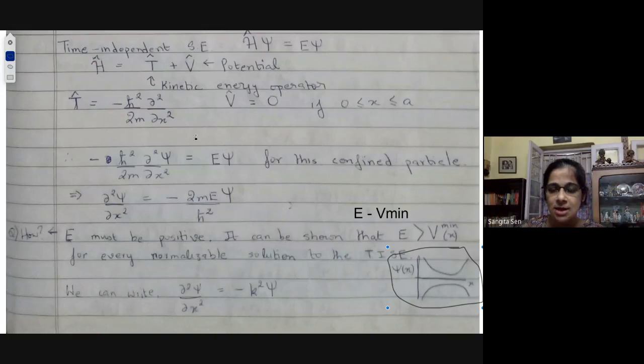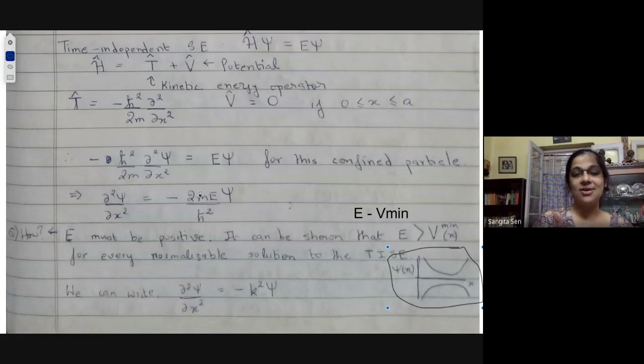So there is E minus V over here. Sorry, I said the argument wrong. I said if E is greater than V minimum, then this quantity will become negative.